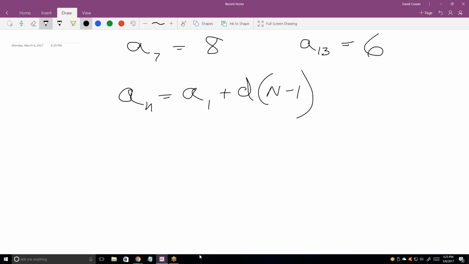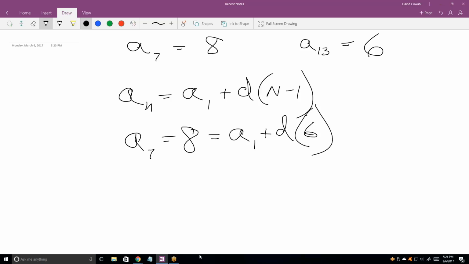Well, what these two pieces of information are going to allow you to do is write two equations. Well, a sub 7, which is equal to 8, is going to be equal to a sub 1 plus the common difference. I still don't know the common difference, but in this case, n is 7, so I get that. You with me? Yep.